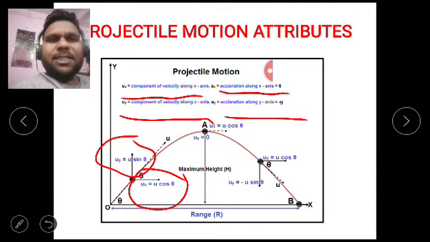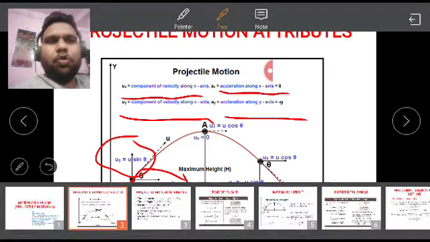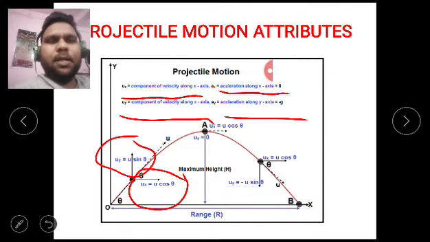That is called the time of flight. That means from O to B, the total time taken by the projectile from the instant of projection to the point when it hits the ground, or is at its lowest point, is the time of flight.